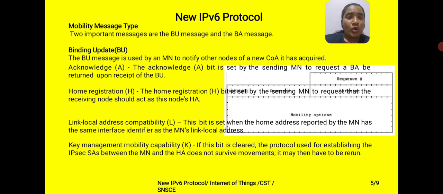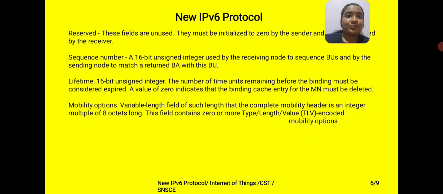Home registration: the home registration H bit is sent to indicate the receiving node should act as this node's HA. Link-local address compatibility: this bit is sent when the home agent address reported by the MN has the same interface identifier as the MN's link-local address. Key management mobility capability: if this bit is clear, the protocol used for establishing the IPsec SAs between the MN and HA does not survive movements.